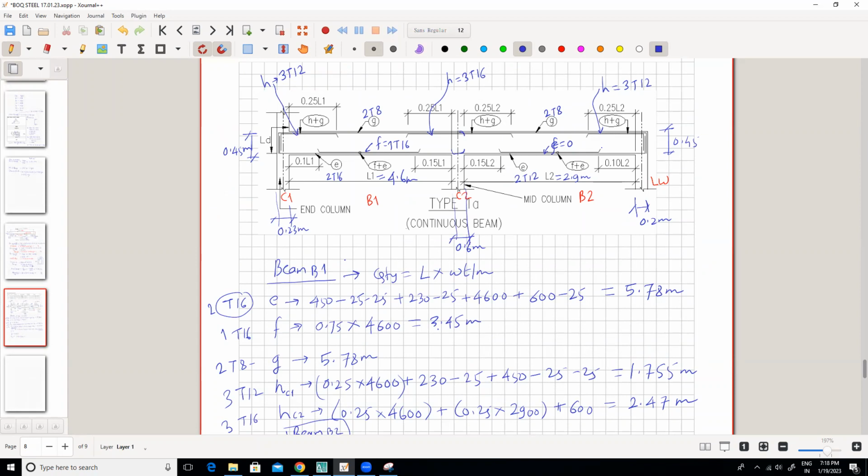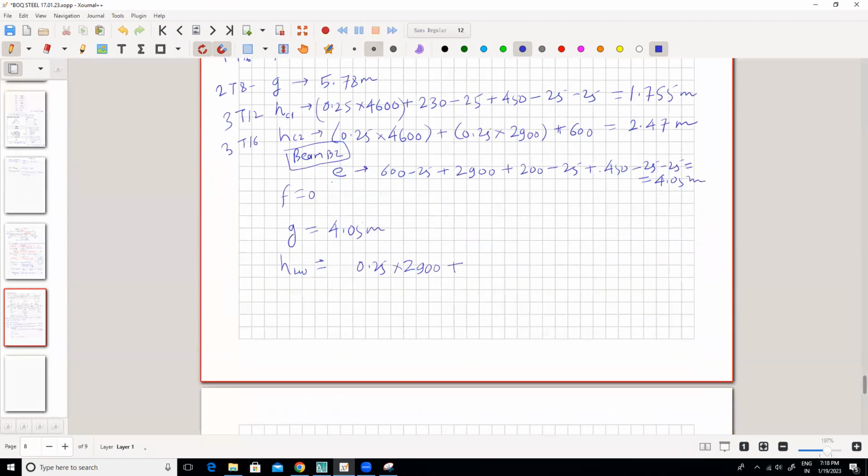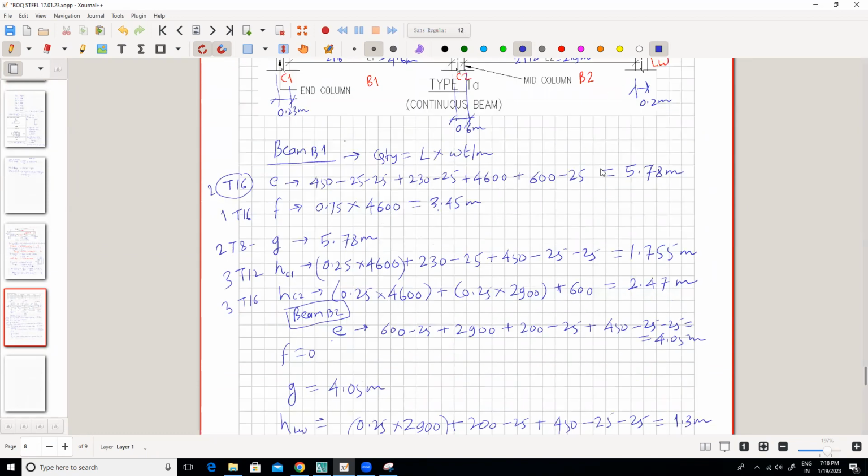So 200 minus 25. Plus L down, which is 450 minus 25 minus 25. How much is it coming to? 1.3 meters. Correct.